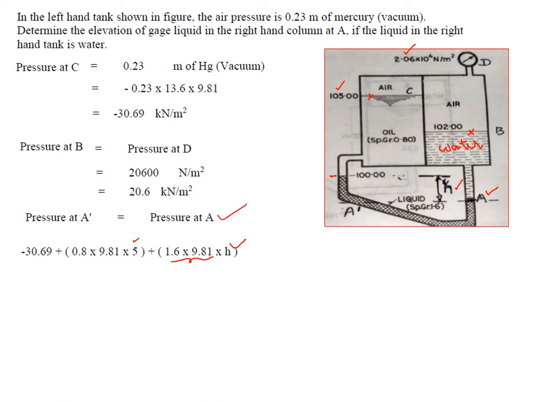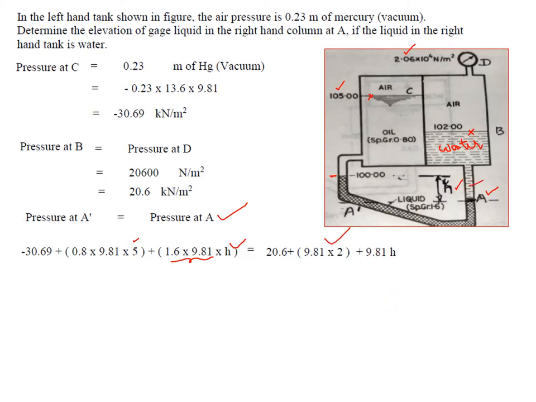So now we have to start from D and write an equation. So 20.6 is the pressure here, which is the same as at 102 level. So therefore 20.6, as we move downwards, the water is there up to A. So therefore it is 9.81 up to 100, that is 102 minus 100 is 2 meters. So 9.81 into 2, plus again 9.81 into H, because this is water.